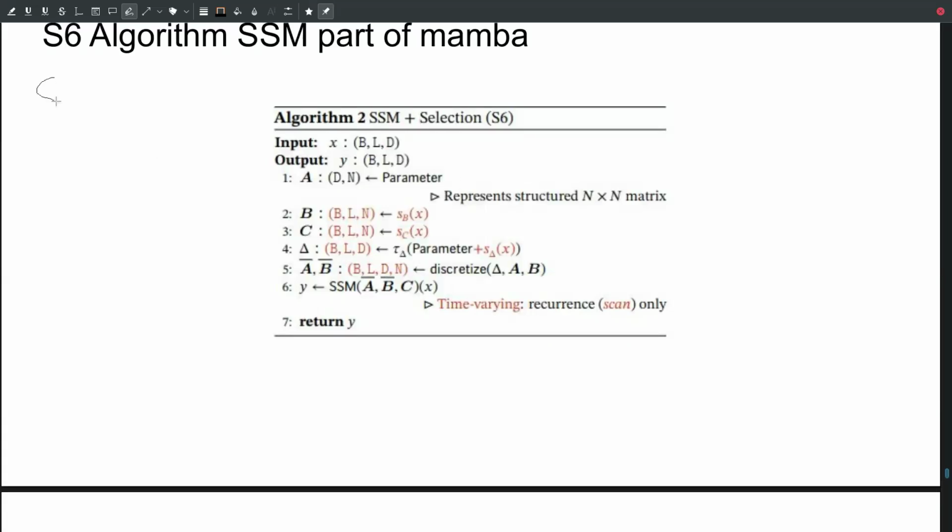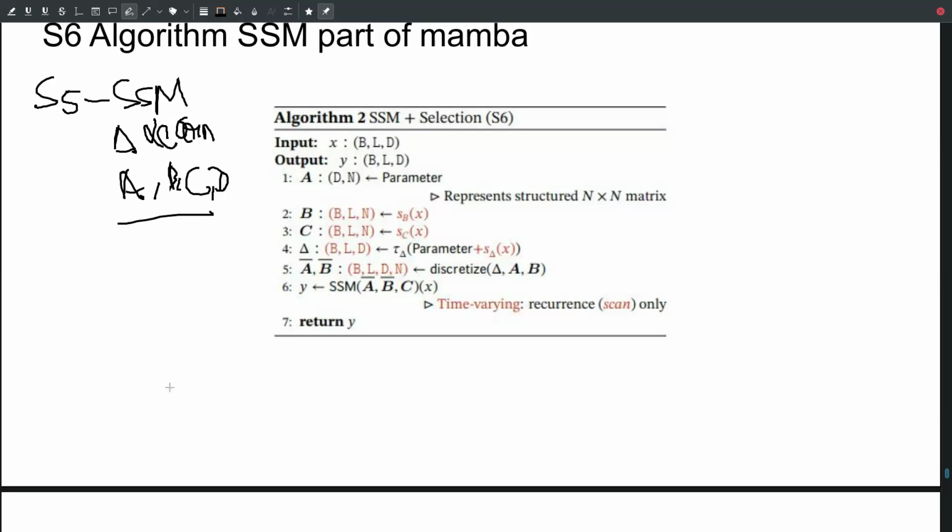Let me say something on the restrictions of S5. In S5, you only have an SSM layer with a selective delta, which is learnable. A is learnable, B is learnable, C is also learnable, and D is also learnable in S5.